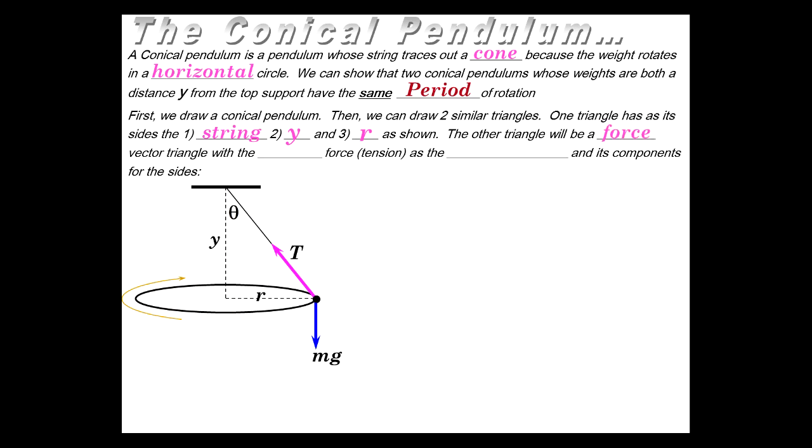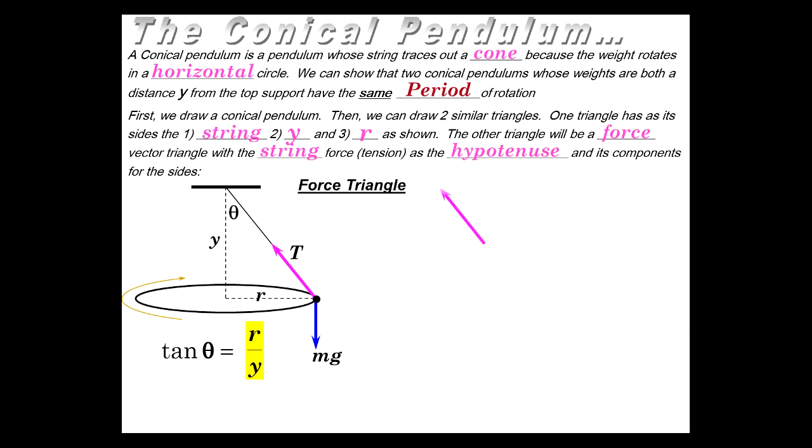And the other triangle will be a force triangle with the string as the hypotenuse and the components of the hypotenuse as its sides. So let's look at the tangent of theta with the spatial diagram, opposite over adjacent. So we have r over y. And now the force triangle.